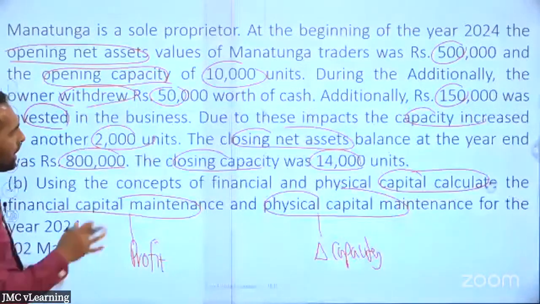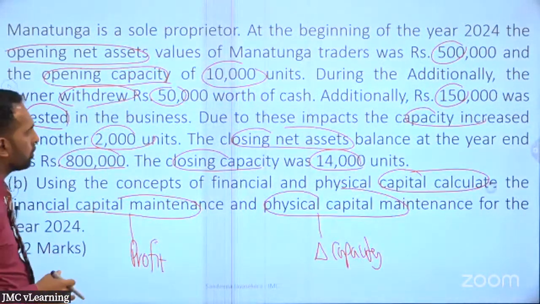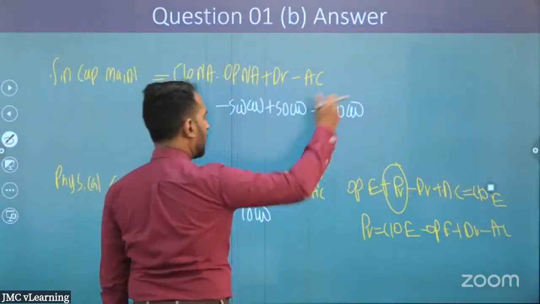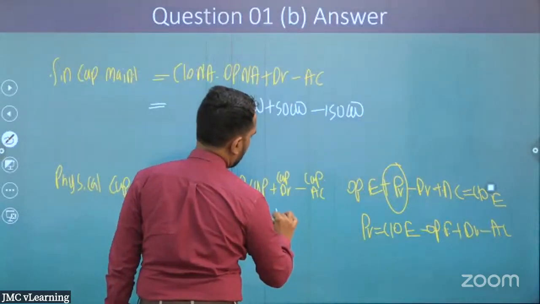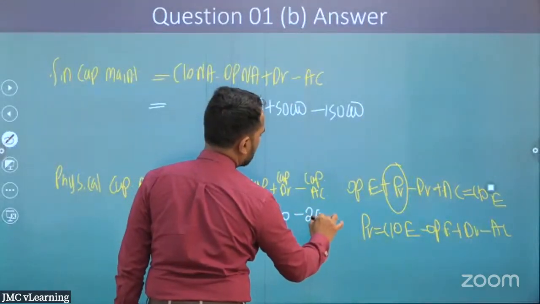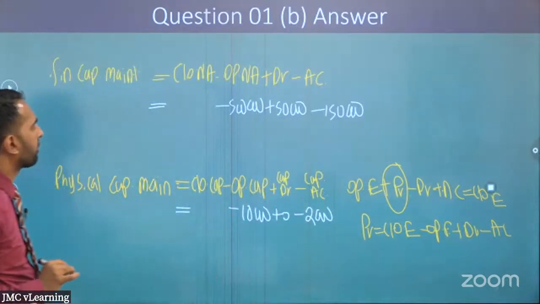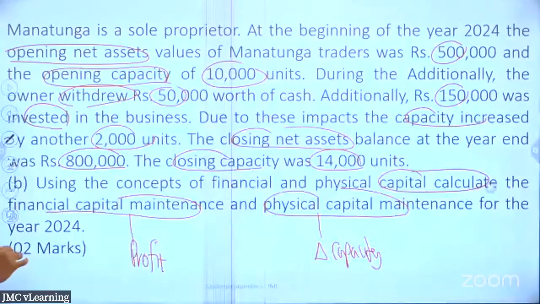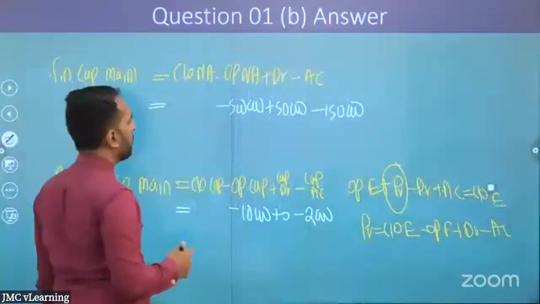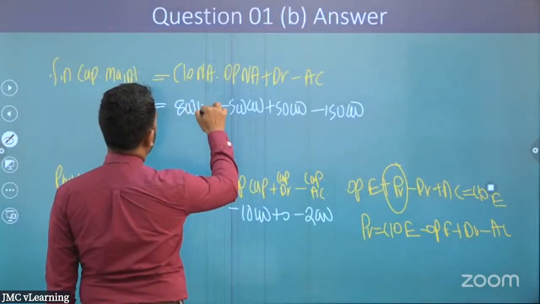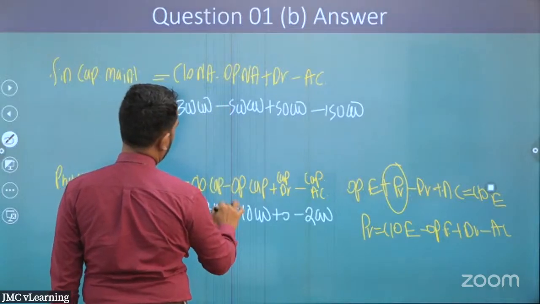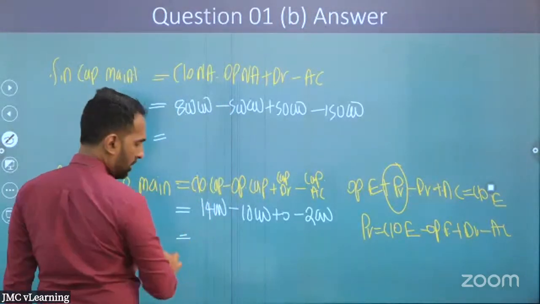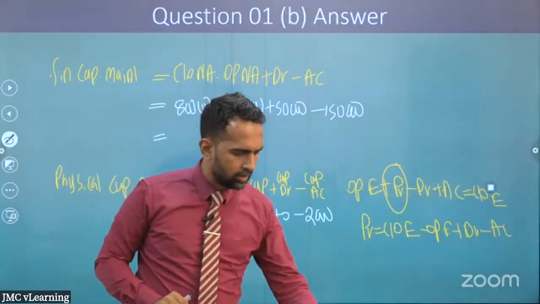And due to the additional capital, the capacity increased by 2,000. That capacity increase I have to deduct. Then the closing net asset balance is 800,000, capacity 14,000.